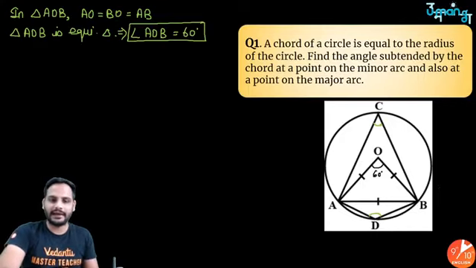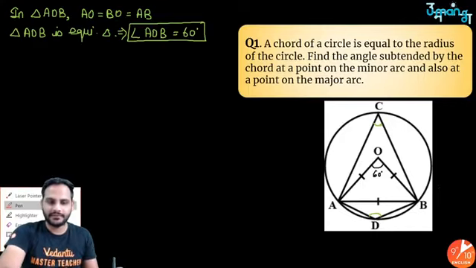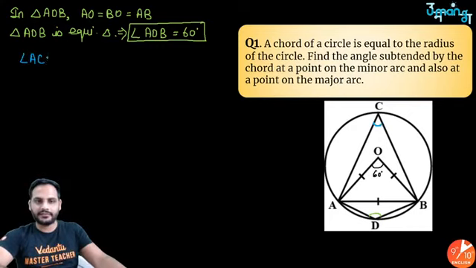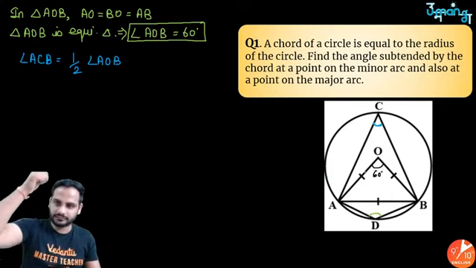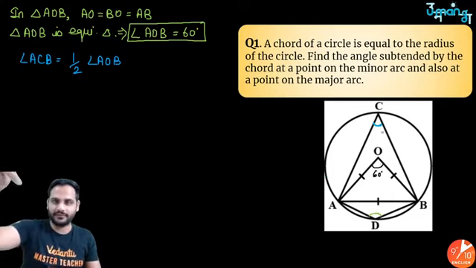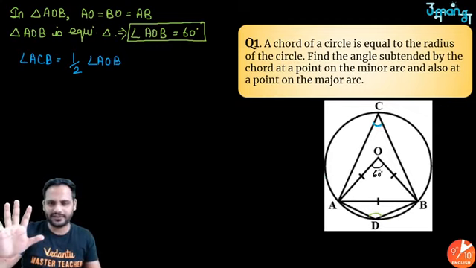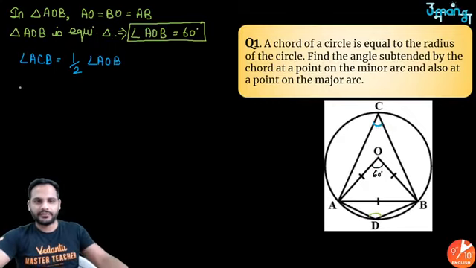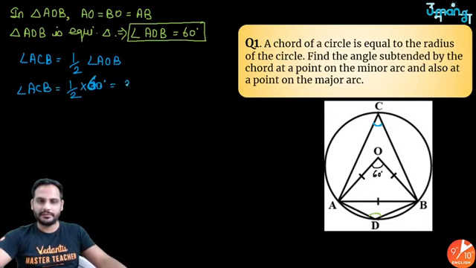So by the theorem I can clearly say that angle ACB is equal to half of angle AOB. Either I can say angle AOB is double of ACB or ACB is half of it, same thing, right? So angle ACB will be equal to half of AOB, which is 60 degrees. So ACB will be 30 degrees.